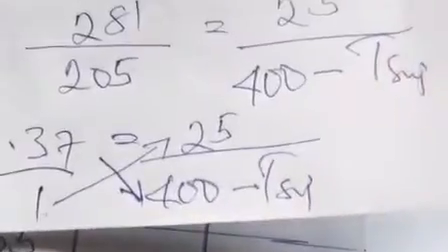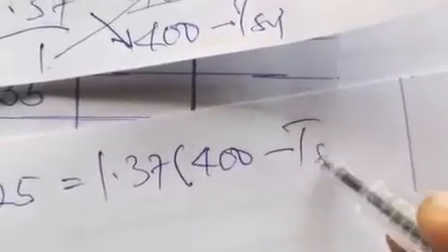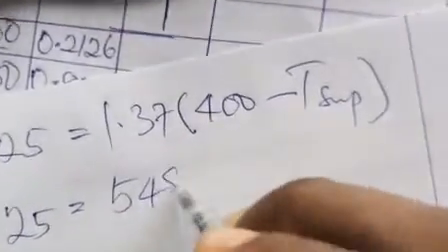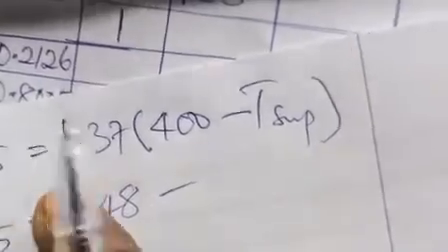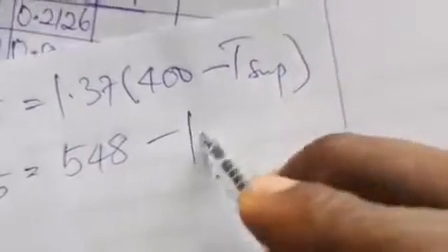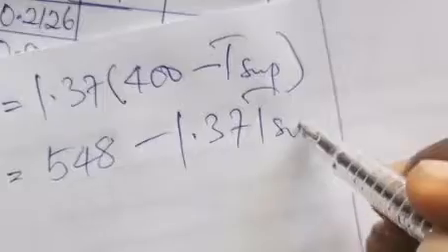So I'll have 1 times 25, which gives me 25, and that is equal to 1.37 times 400 minus T superheated. Now let's evaluate this. 1.37 multiplies 400, that gives us 548, minus 1.37 T superheated.